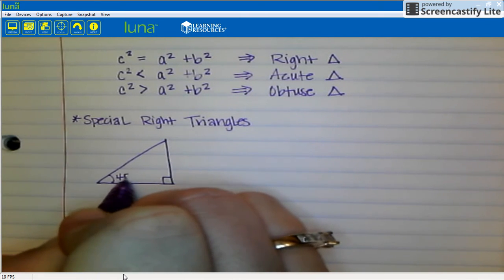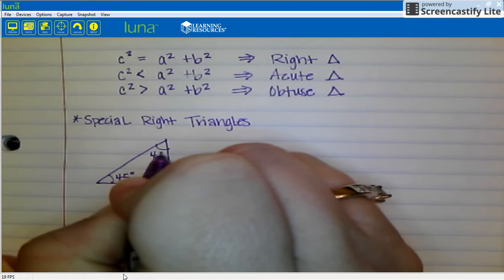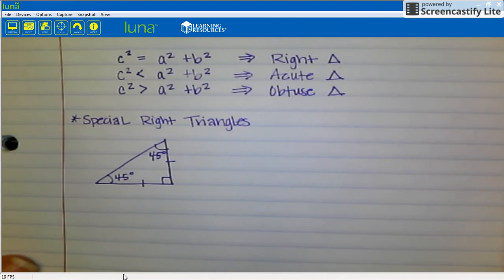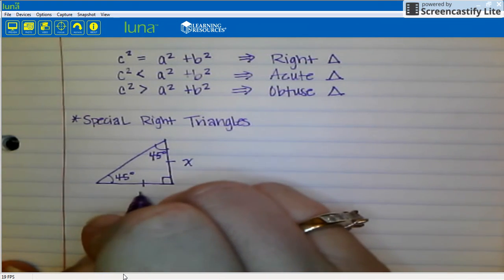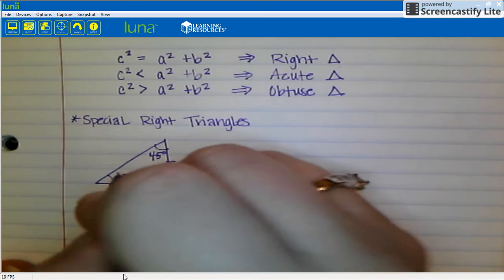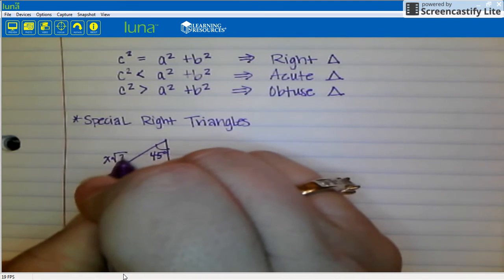So I have 45 degrees and 45 degrees, and it makes it an isosceles right triangle. What we know about this right triangle is if our two side lengths are congruent to one another, then the hypotenuse is going to be the side length times the square root of 2.